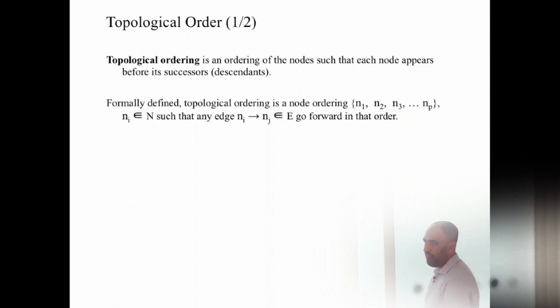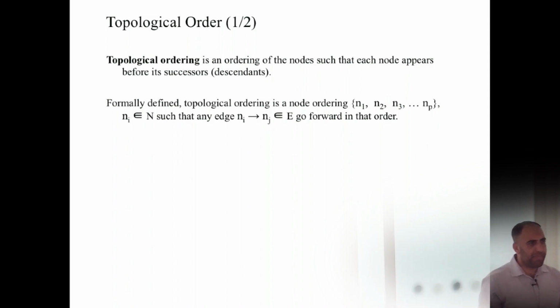If you have a graph and you want to visit the nodes in a way that, before visiting the successors, you always visit the node itself, because in the post order we first visit the successors, not the node itself. However, if you want to visit the nodes first and then its successors or descendants, this kind of order we call topological order.